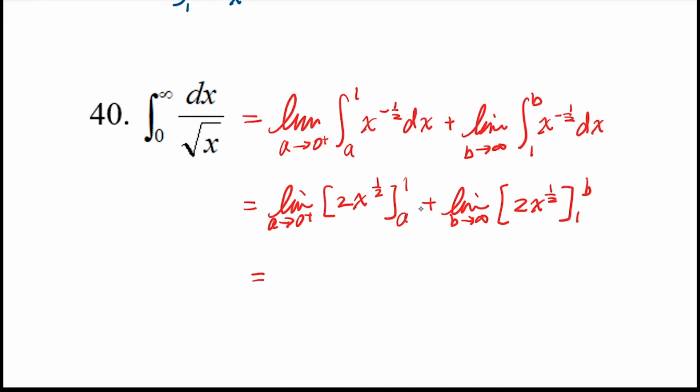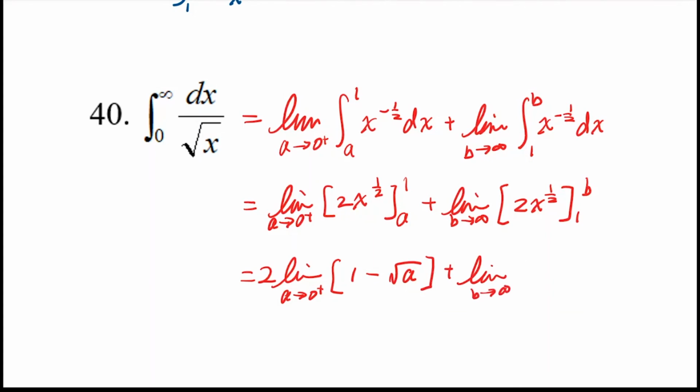Now substitute, and I'm going to take 2 to the front. So we have square root 1 minus square root a, plus the limit of b approaching infinity of, now you put in b, so square root b, and then minus 1.